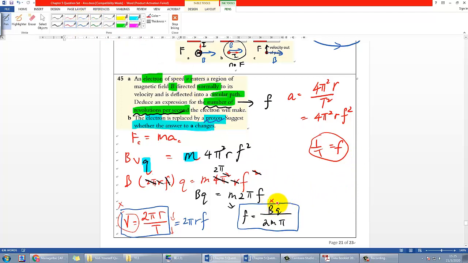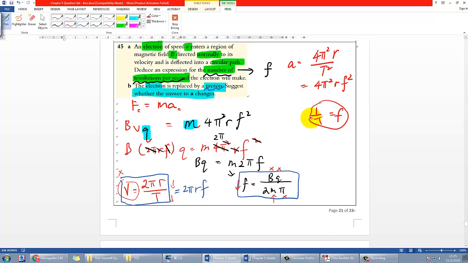B is the same, Q is, in terms of magnitude, the same. It's just a change of sign from negative to positive, so we change the direction. And then mass is now higher, pi of course doesn't change, and so in that case frequency will be lower. Okay, so frequency is actually lower, and that is what we find.